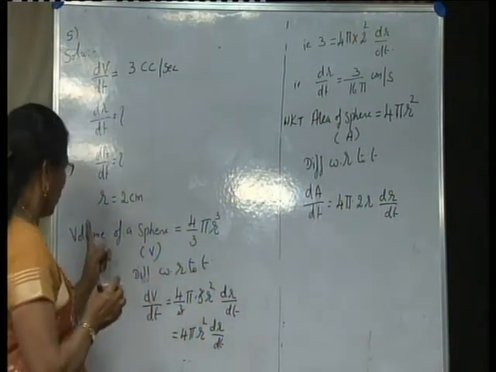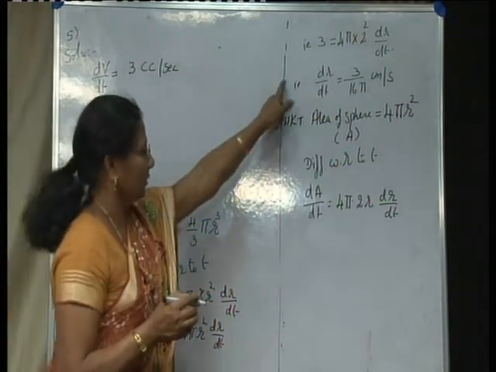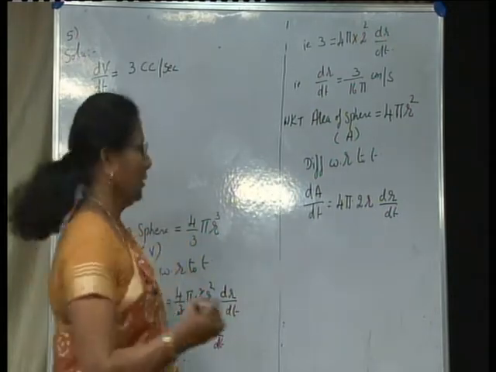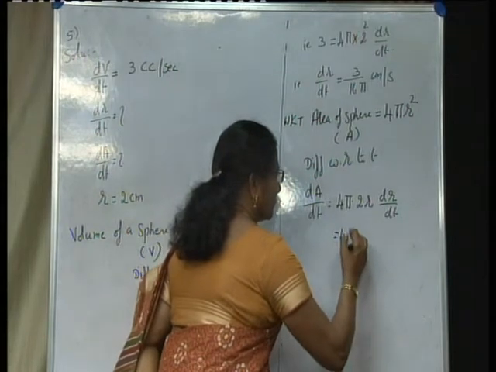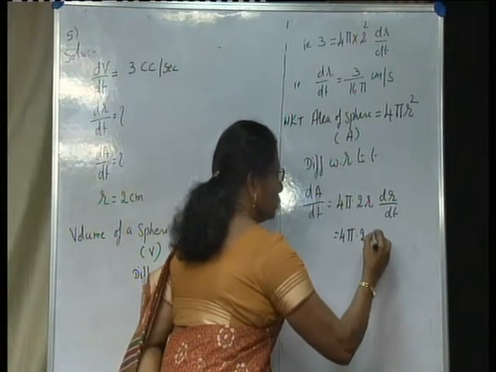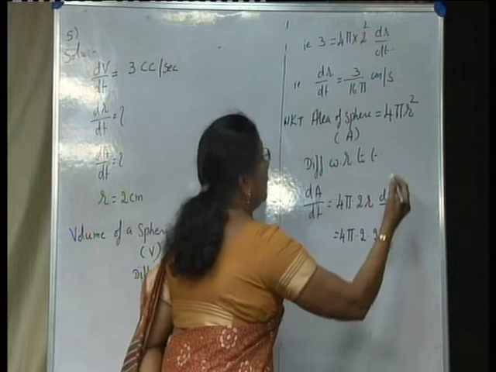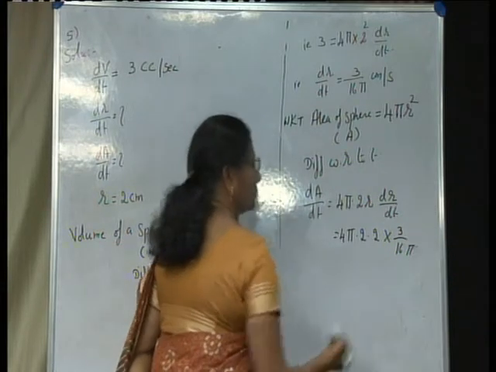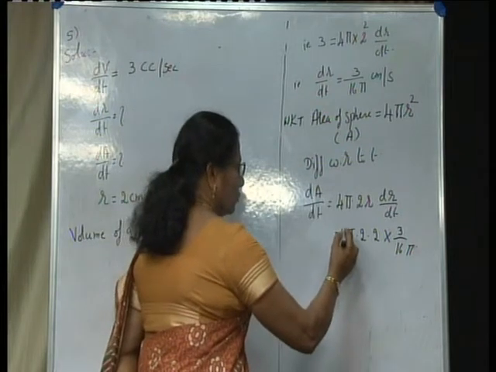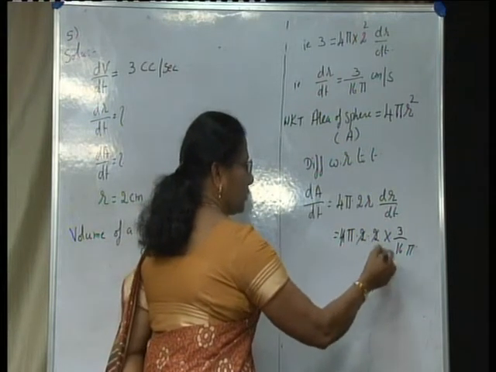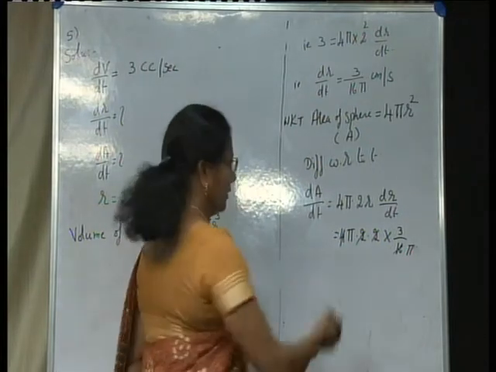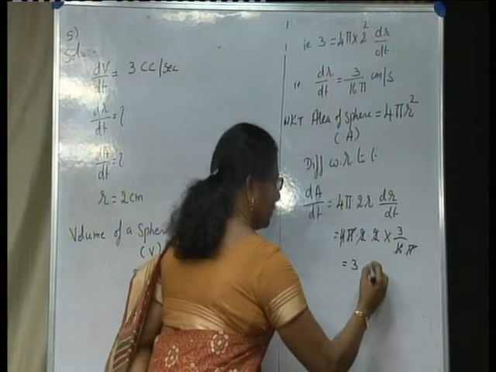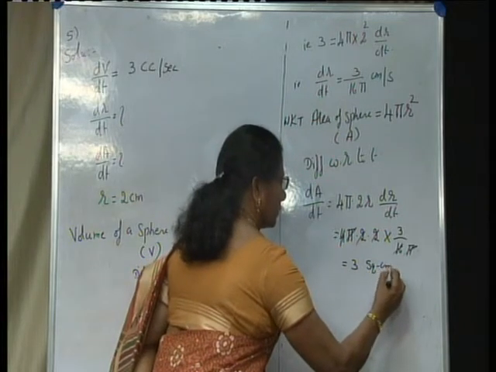We have already found dr by dt and we know the value of r. So, you will get dA by dt equal to 4 pi into 2, since r value is 2, into dr by dt, which is 3 by 16 pi. 4 into 2 is 8, 8 into 2 is 16, so 16 gets cancelled. Pi gets cancelled. This is equal to 3 square centimeter per second.